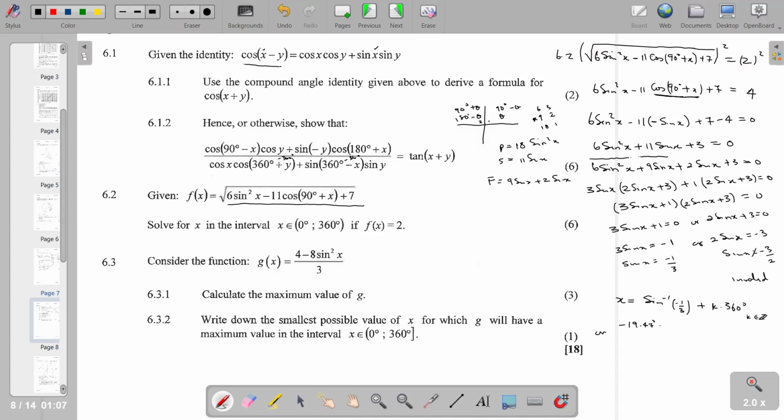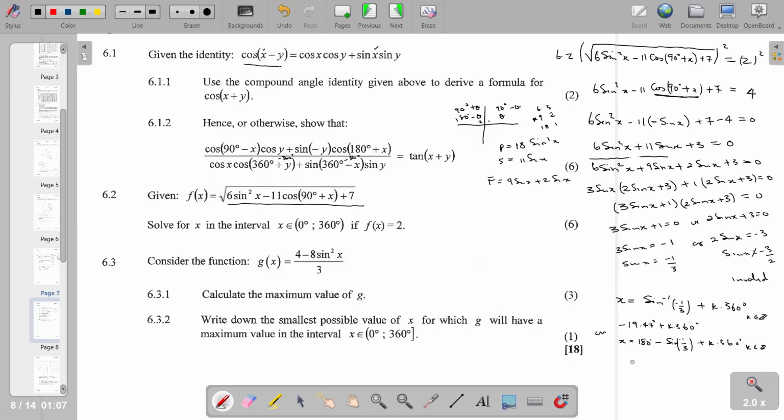degrees plus k 360 degrees, or x is equal to 180 degrees minus sine inverse of negative 1/3 plus k 360 degrees, where k is an element of integers.